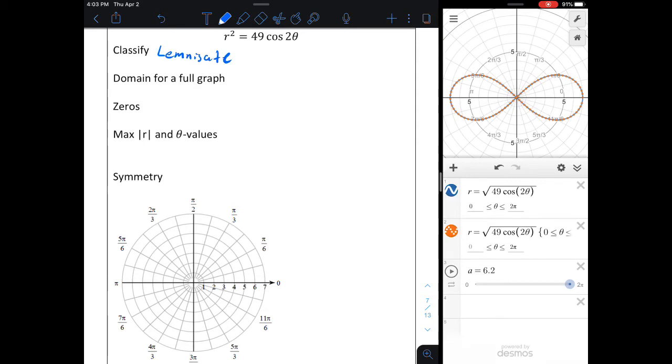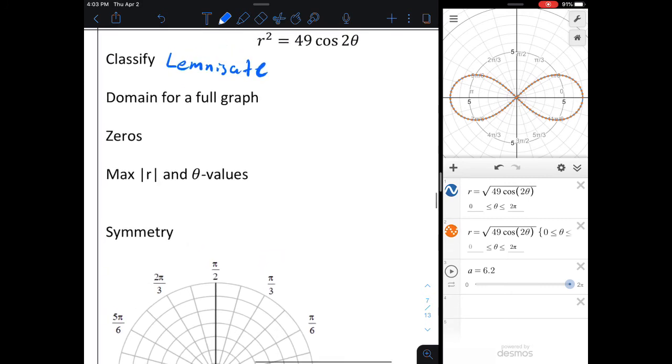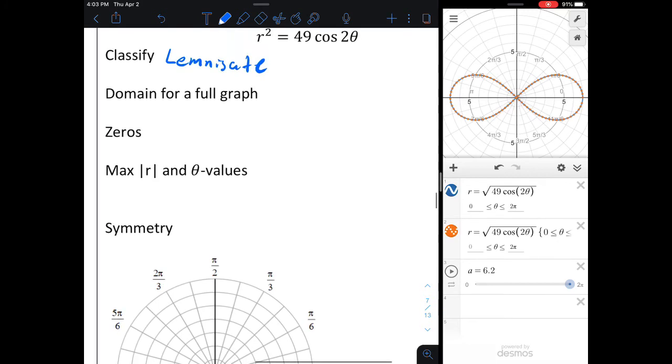Well, before we get into our domain, something that's going to help us is, let's start by trying to find the zeros of this. So we try to figure out where it is that r is going to equal 0. Well, r is going to equal 0 on this graph when cosine of 2 times theta is equal to 0. And we go to our unit circle and think, all right, what theta values will cosine equal 0 at when I double them?